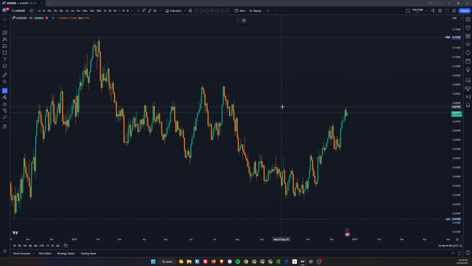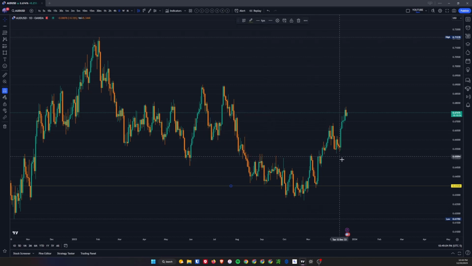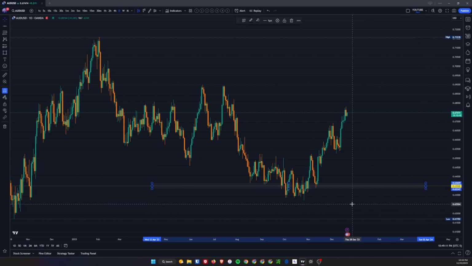So for example, for this level right here, I usually use a yellow line, 0.6355, and I tend to use the exact levels because it's just more exact, and that's what I prefer. And that is a major level that I use to read the chart.